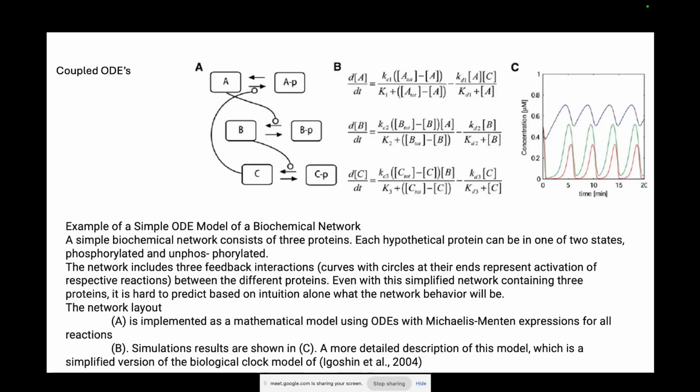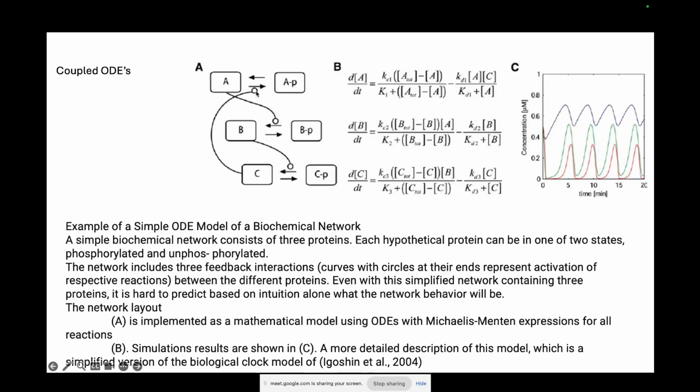This is an ODE model of a biochemical network. It consists of three proteins. Each hypothetical protein can be in one of two states, which is phosphorylated or unphosphorylated. And the network includes three different kinds of interactions, with the curves with circles at the end representing activation of the respective reactions between different proteins.